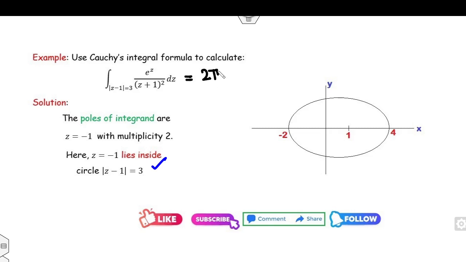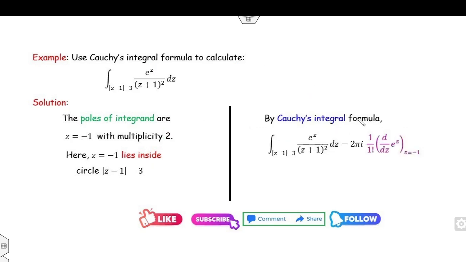It will be 2 pi i into, as multiplicity is 2, 1 factorial, 1 times derivative of the f(z). Can you find the f(z)? f(z) is my e raised to power z at the point z is equal to -1. Now I think that's quite easy. You can find the first derivative and get the right answer.